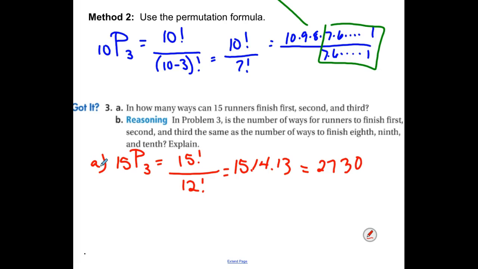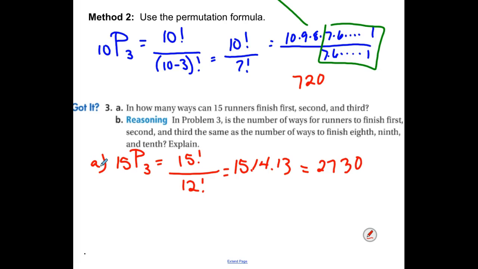Okay, so for part B, I wanted to explain that one a little bit. We're going back to the first example where we had 10 runners, and we calculated there was, what did we end up with? 720 ways to finish first, second, and third. This question is saying, if you don't worry about who comes in first, second, third, all the way up to 7th, if you only focus on saying, how many ways can someone come in 8th, 9th, and 10th?